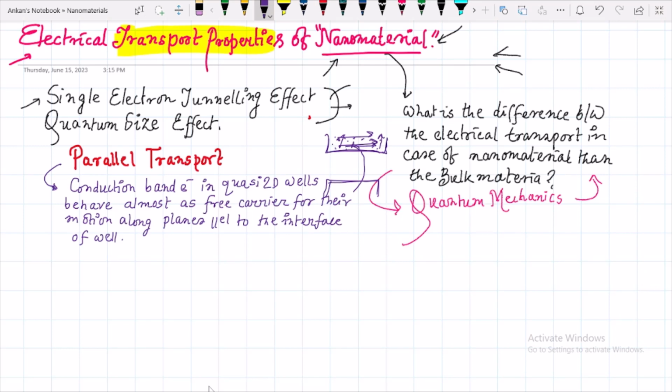While if tunneling occurs from the valence band to the conduction band, then it is called the perpendicular transport.